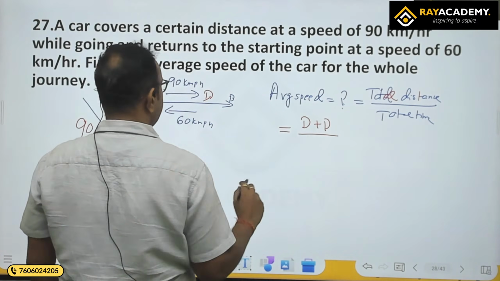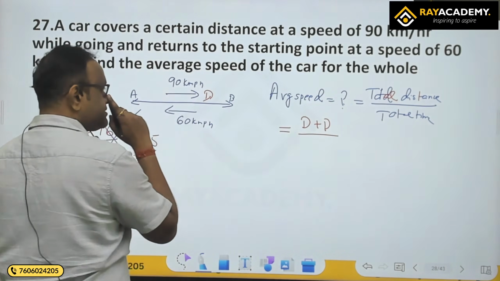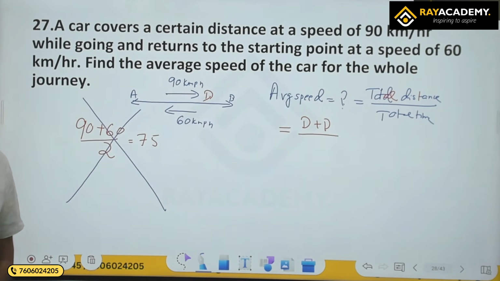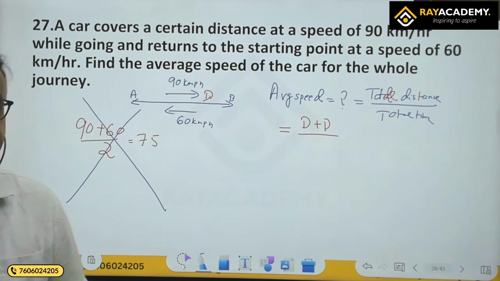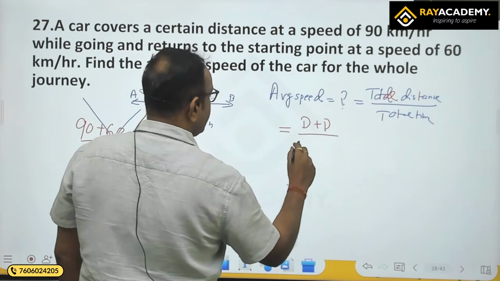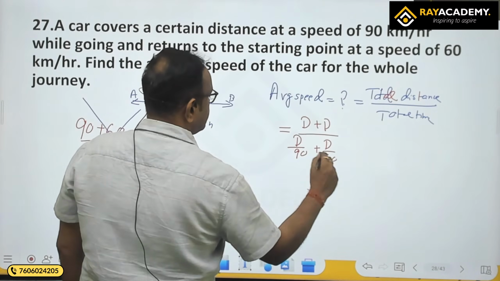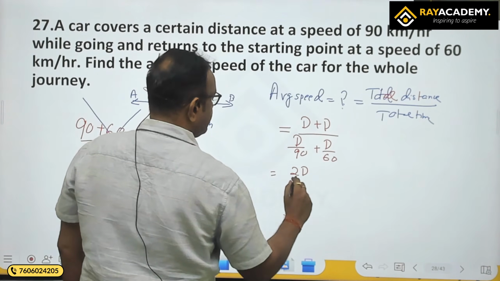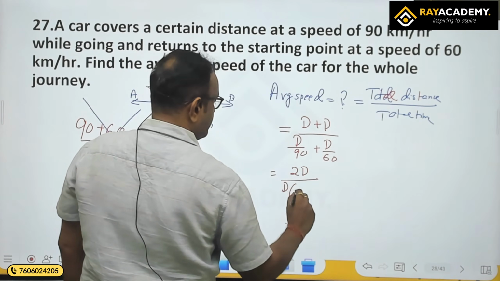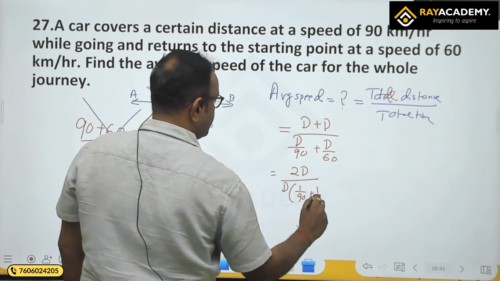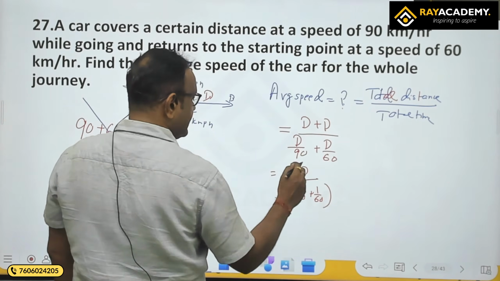For time, the distance is d and speed is 90, so time taken is d by 90, and for return the time is d by 60. So if you calculate, it is 2d over d times 1 by 90 plus 1 by 60. The d cancels.